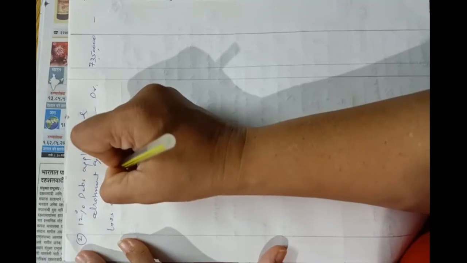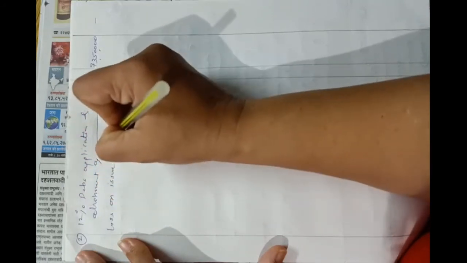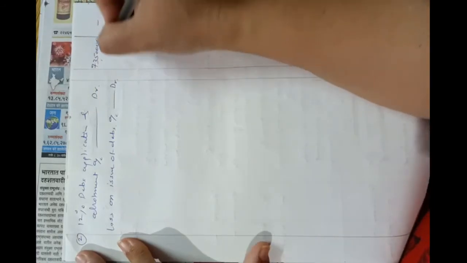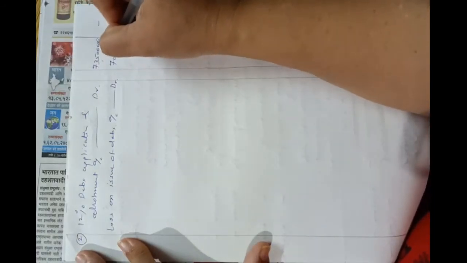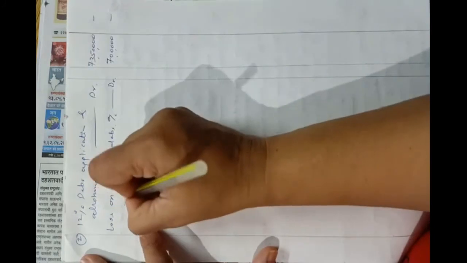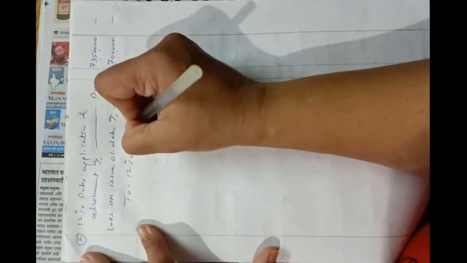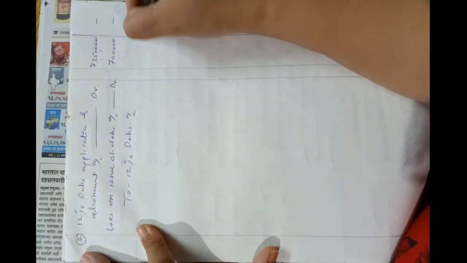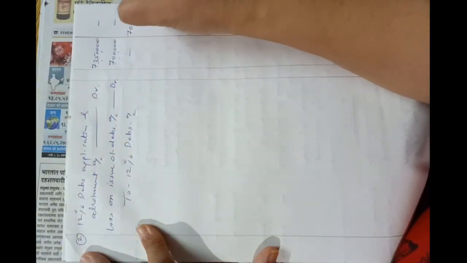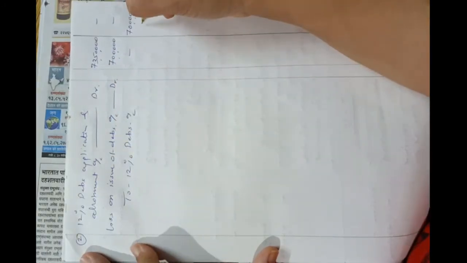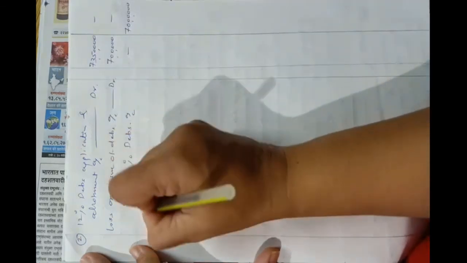Then loss on issue of debentures account debit. That is premium payable at the time of redemption, 7 lakhs. To 12% debentures account ₹70 lakhs. To security premium reserve account.